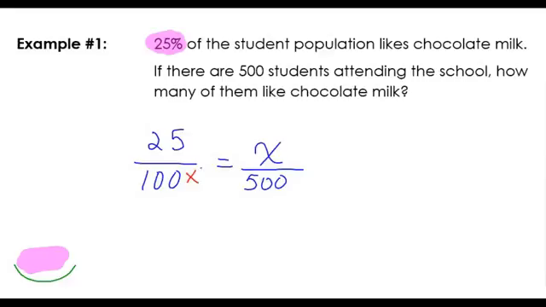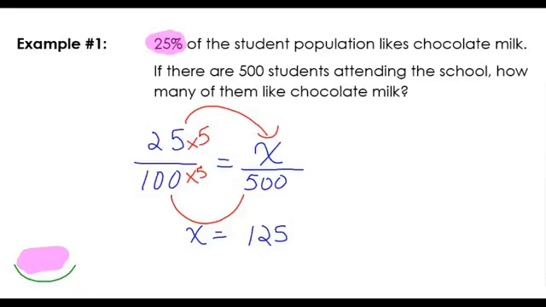Well, I multiplied by 5, and that enabled me to go from 100 to 500. Whatever I do to the denominator, the bottom part of my fraction, I need to repeat that for the numerator. Otherwise, my fraction is no longer the same as the one that I started with. And so 25 times 5, if I multiply those, that will give me the value of x. So x is equal to 125.